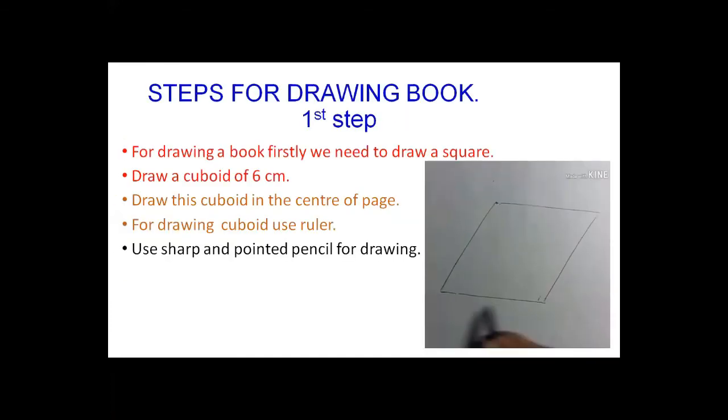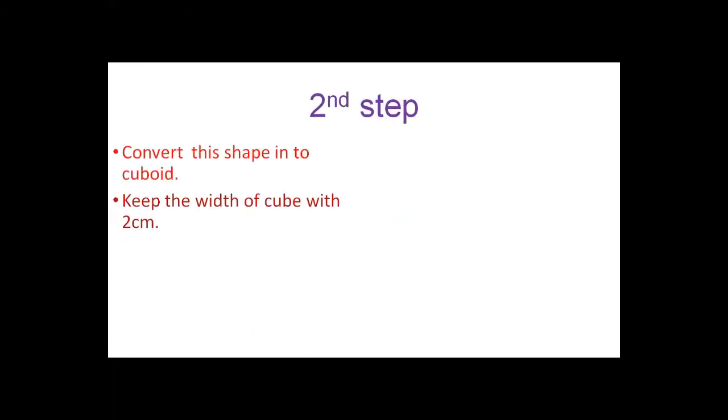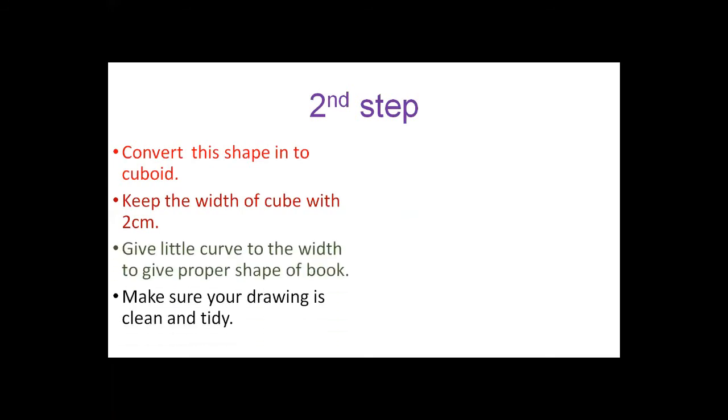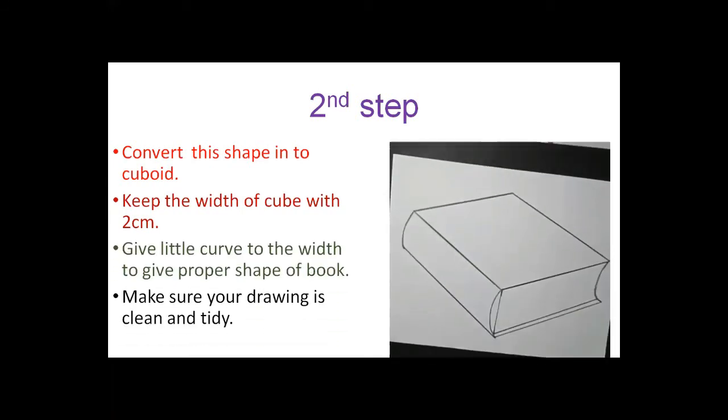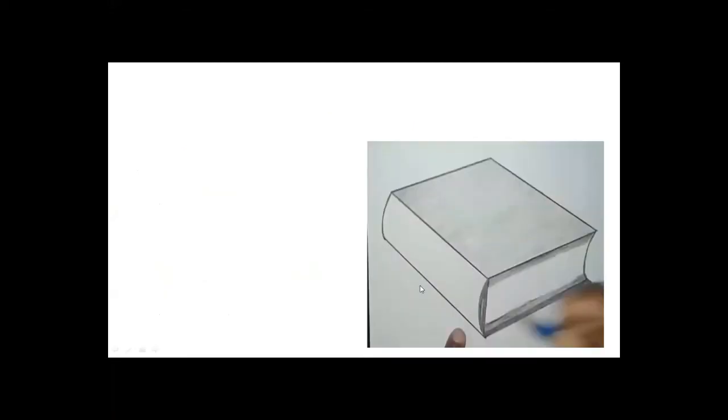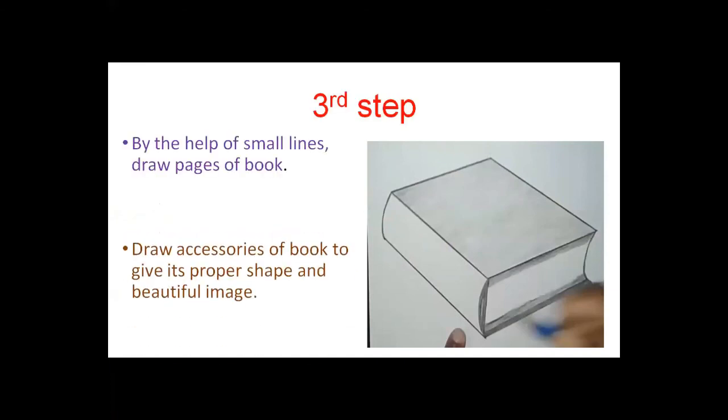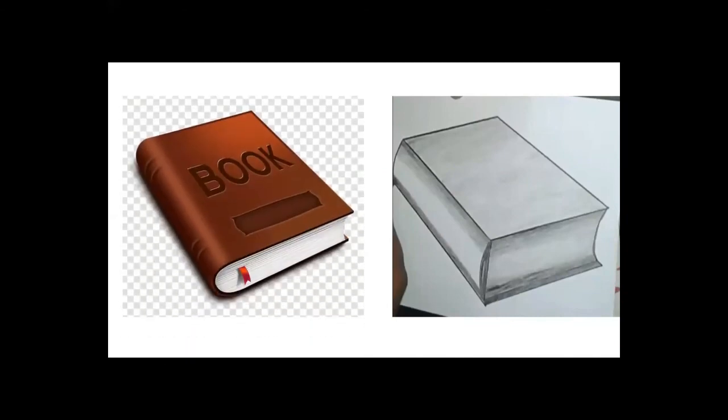We will observe this. Draw a square with 6 by 6, and then in the second step you will convert this square into a cuboid like this, and make a curve to give the proper shape of the book. Observe this book and then compare the two books, which show how we draw beautifully.